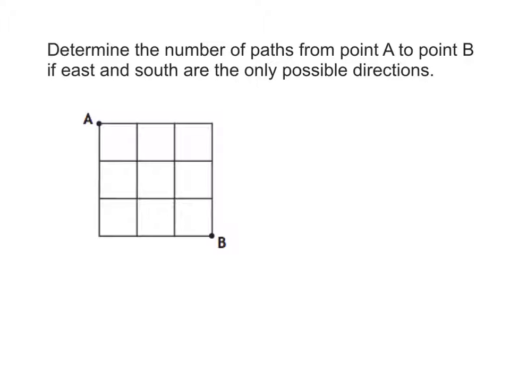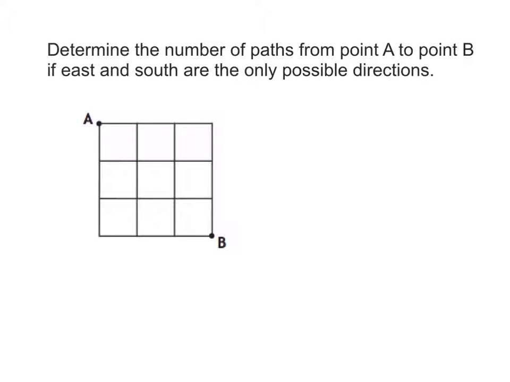So we're just going to look, we've seen these questions before. Determine the number of paths from point A to point B if east and south are the only possible directions. So we did this before. Do you remember how we did it? You have to look at how many paths would you have to walk from A to B, and the answer is 6.